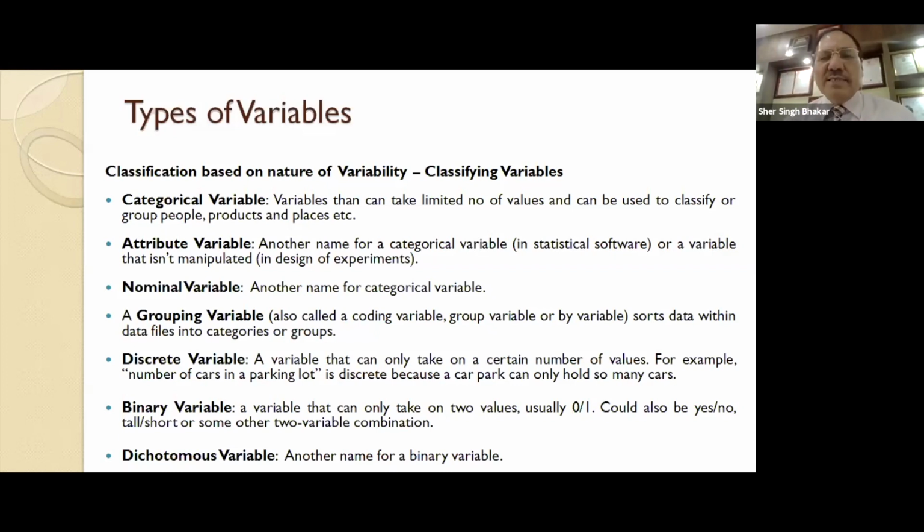Attribute variables again are used for classifying, generally for products and shopping complexes, etc. So it works exactly like a categorical variable.